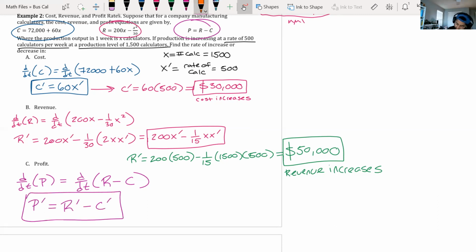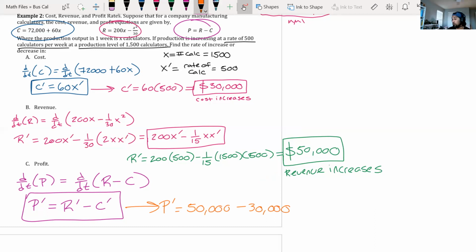Well, this one's great because do we have a value for r prime already? See? R prime is 50,000. Do we have a value for C prime? $30,000.